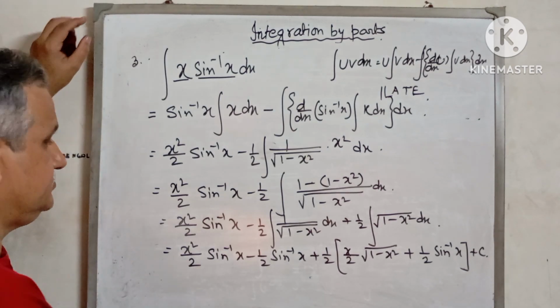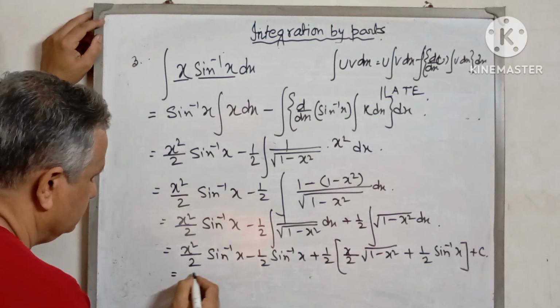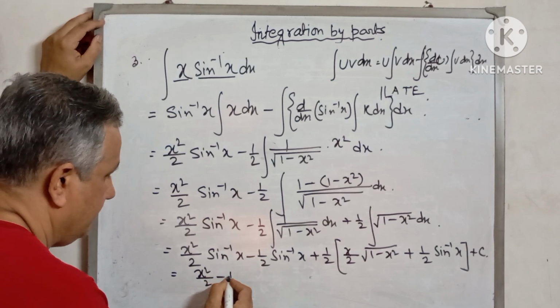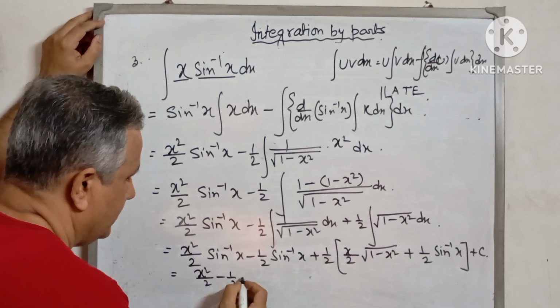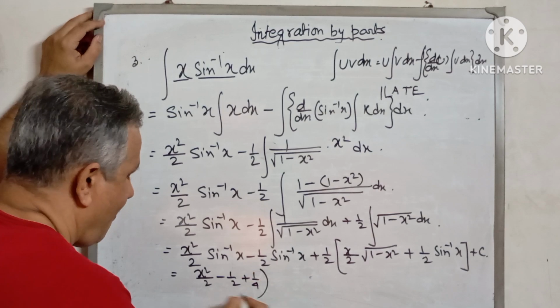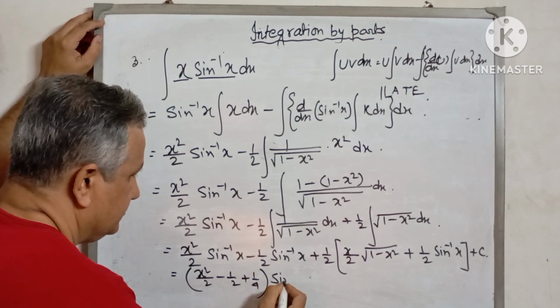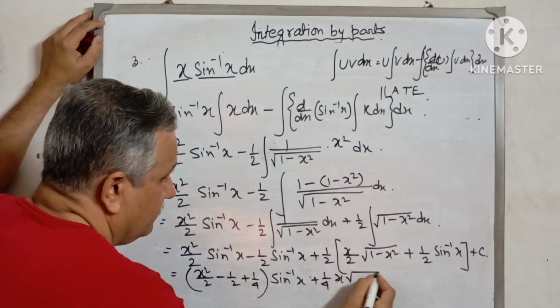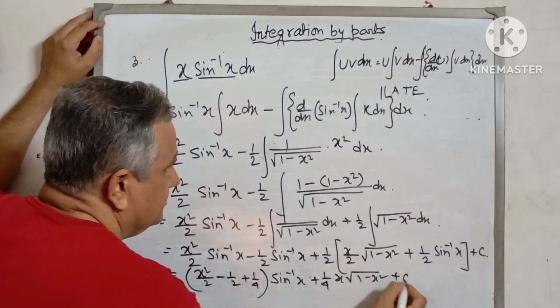Now rewrite, taking common, we get x square by 2 minus half plus 1 by 4, sine inverse x, plus 1 by 4 x root over 1 minus x square plus c.